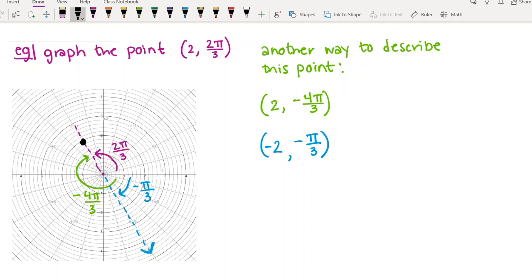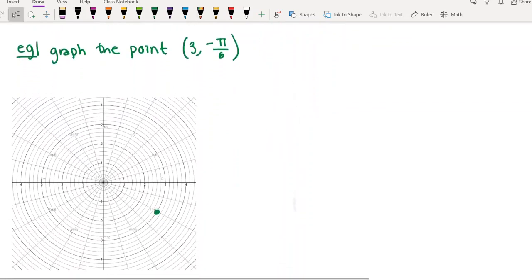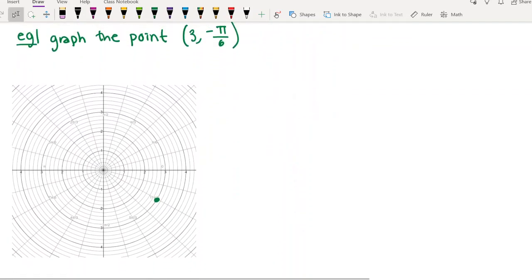So let's do a similar idea for these other ones. Again, we want to find two different ways to describe this point, and I'm going to change the color to black so that we can have multiple things going on here. The way that this was initially described, this was our angle, and we're describing this angle as negative pi over 6. One other way that we could describe this point is to find a coterminal angle.